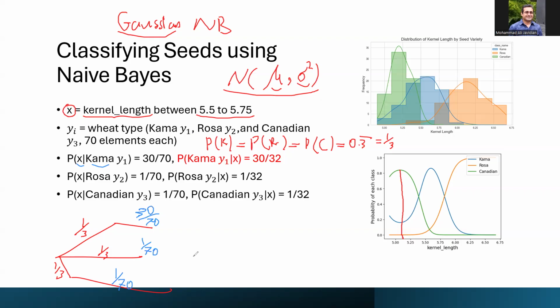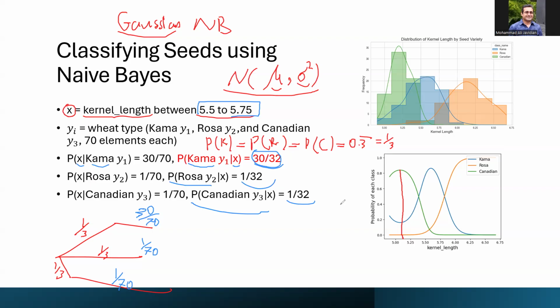So as you can see, you can compute the probability of each class given this kernel length range, 5.5 to 5.75. The highest probability belongs to the first class, which is Kama. So most likely, a seed with kernel length between 5.5 and 5.7 is a Kama seed.